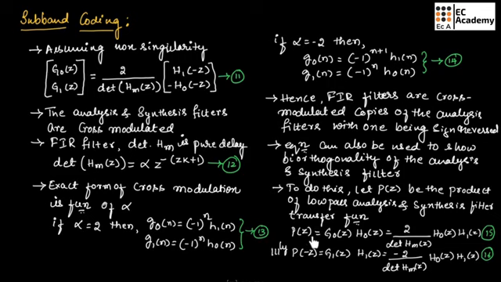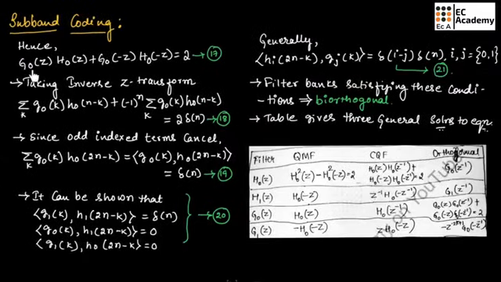Then we can write P(z) equal to g0(z) h0(z), that is equal to 2 by the determinant of Hm(z) times h0(z) h1(z). Similarly, P(-z) is equal to g1(z) h1(z), that will be equal to -2 divided by the determinant of Hm(z) times h0(z) h1(z). Hence we can write g0(z) h0(z) plus g0(-z) h0(-z) will be equal to 2.